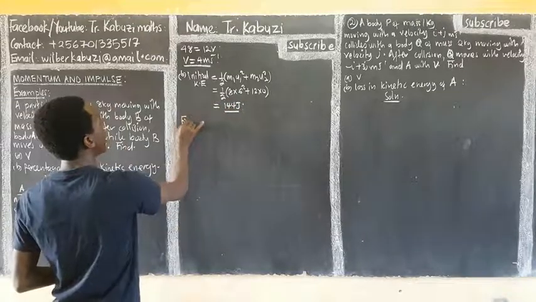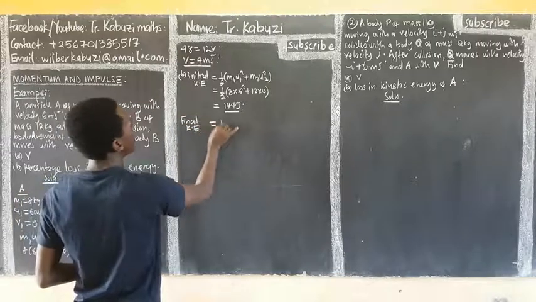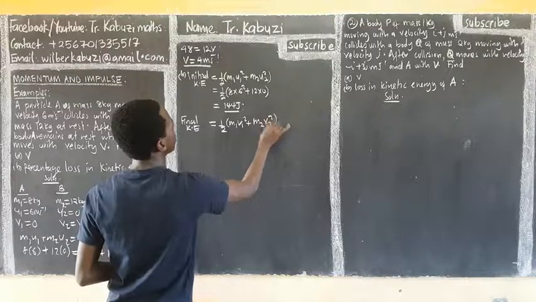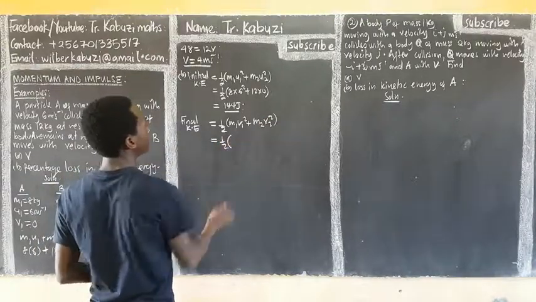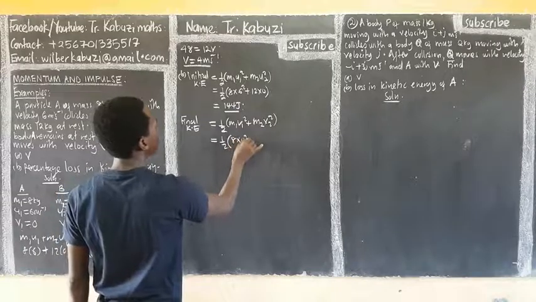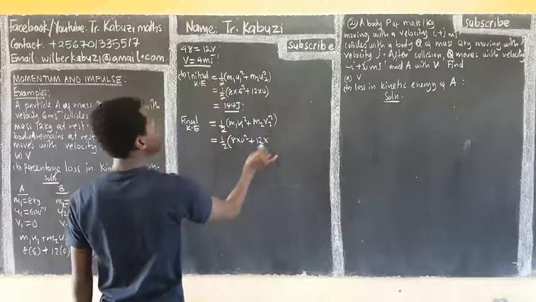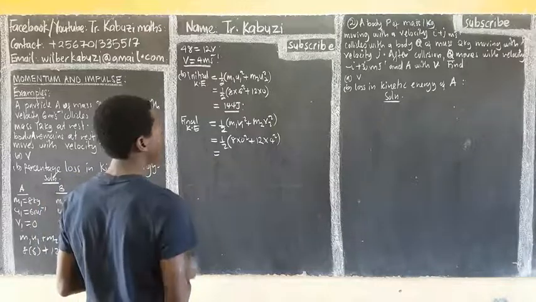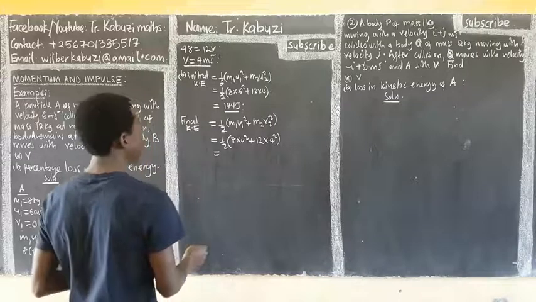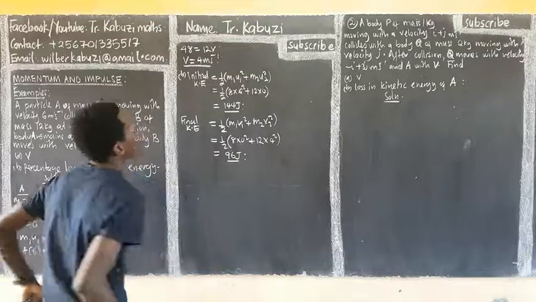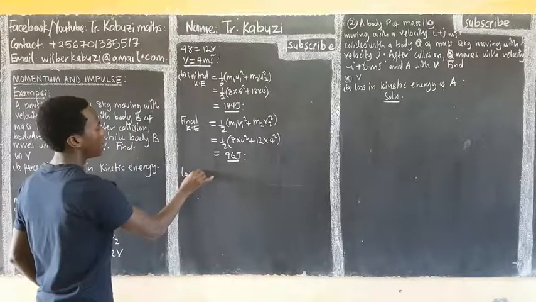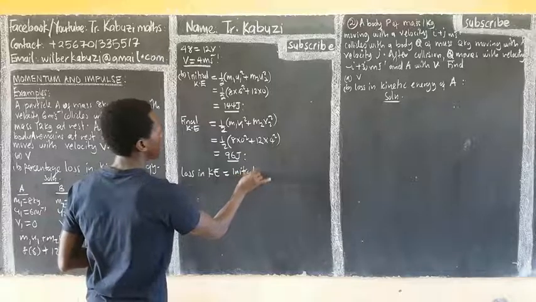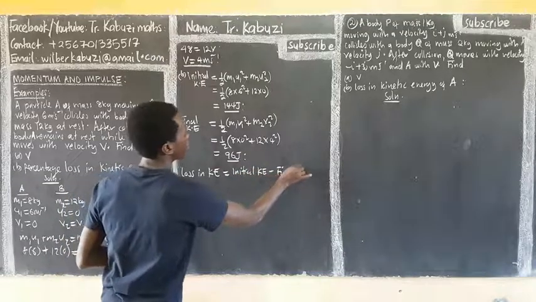Then we come to our final KE. Final kinetic energy is a half m1v1 squared plus m2v2 squared. Substituting, a half into 8 times 0 squared, plus 12 times v2, which is 4 squared, and this gives us 96 joules. So our loss in KE is given by the initial KE minus the final KE.